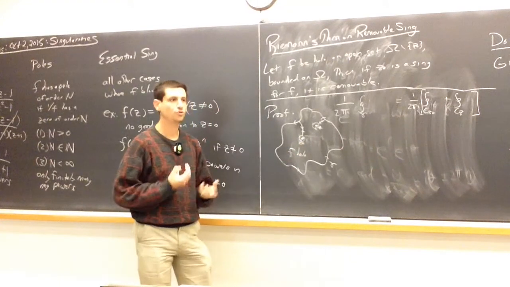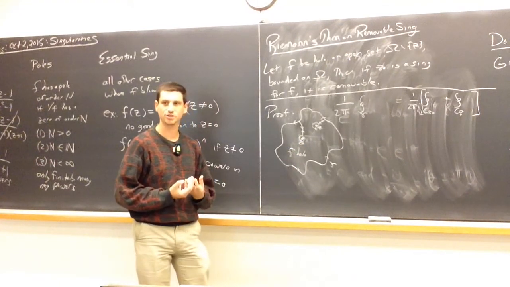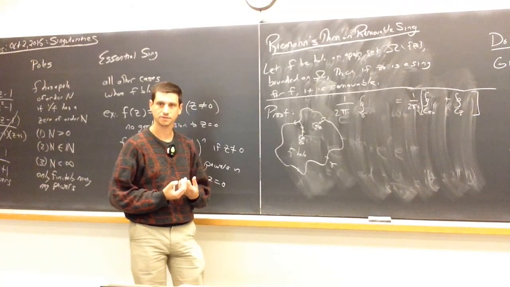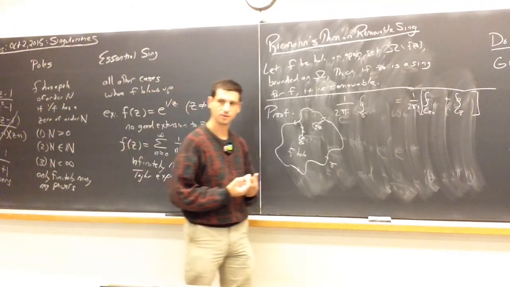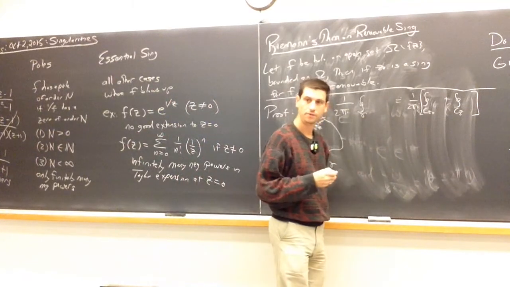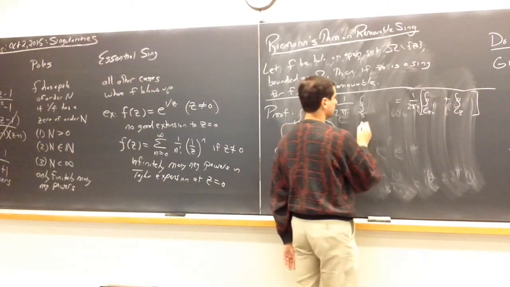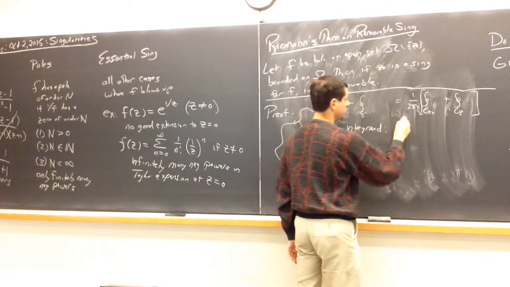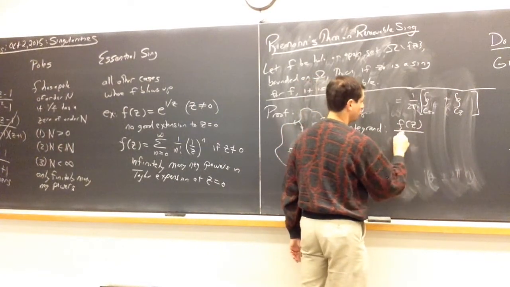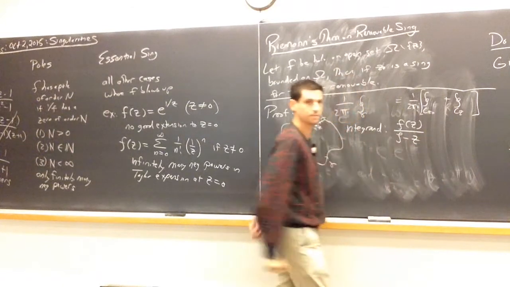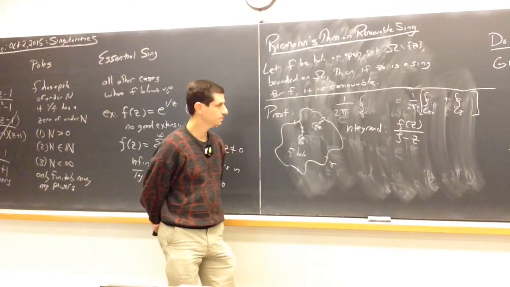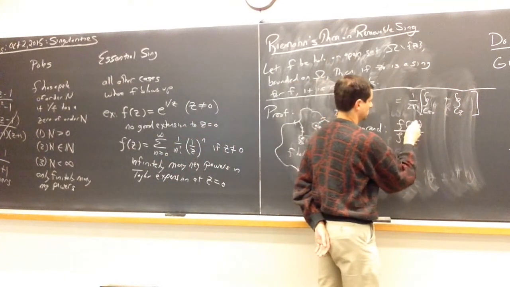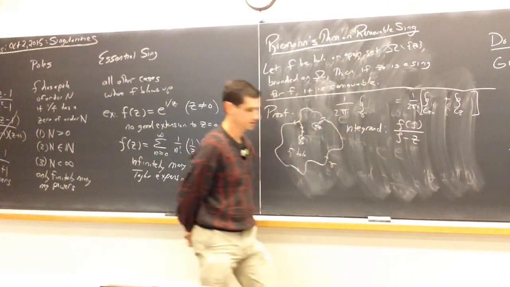When we use Cauchy's integral formula, what's the function we use? We don't just integrate f of z. We do, so the integrand is going to be f of zeta over zeta minus z.